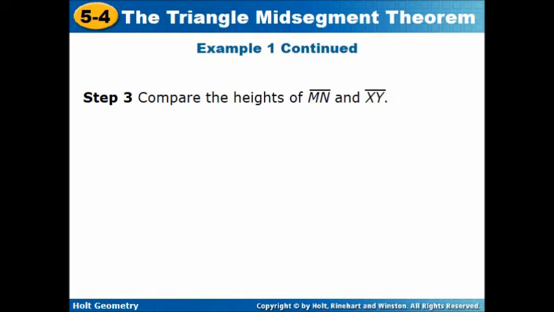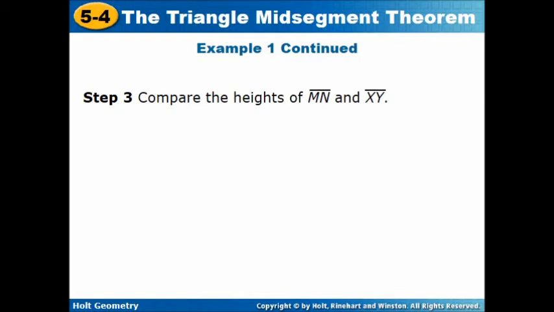And that information is parentheses x sub 2 minus x sub 1 in parentheses squared plus y sub 2 minus y sub 1 parentheses squared.